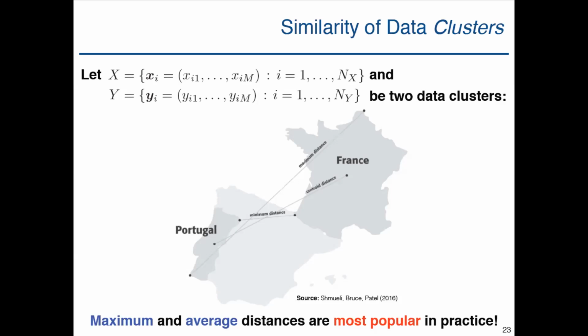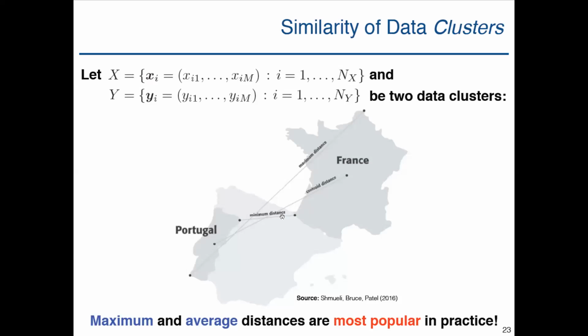Now the first thing that we saw earlier was called minimum distance, which we also call single linkage. What it means is that both of the clusters have many points, right?